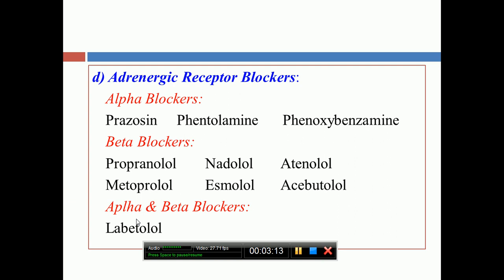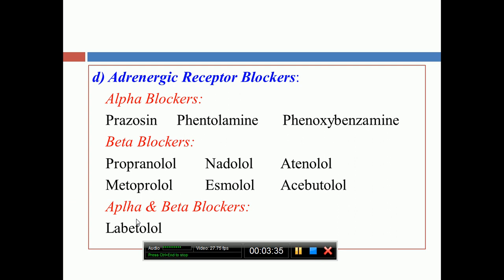Adrenergic receptors are those receptors which mediate the function of the sympathetic nervous system, like alpha receptors and beta receptors. In normal physiology these receptors raise blood pressure, but if you block these receptors, you can stop raising blood pressure.